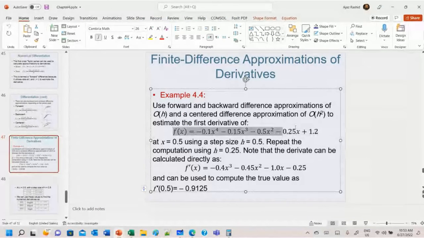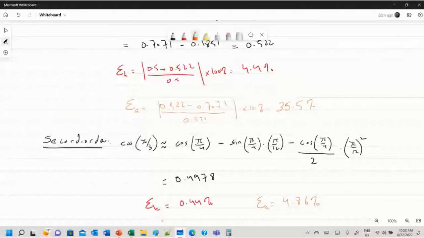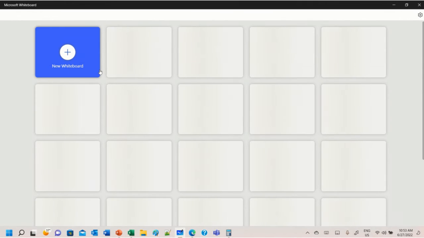So I'll copy my function. It's the whiteboard. I don't know why it is so slow.